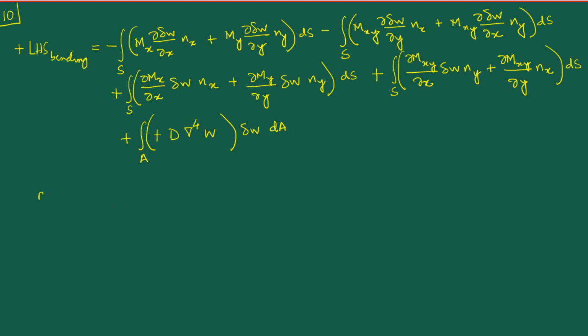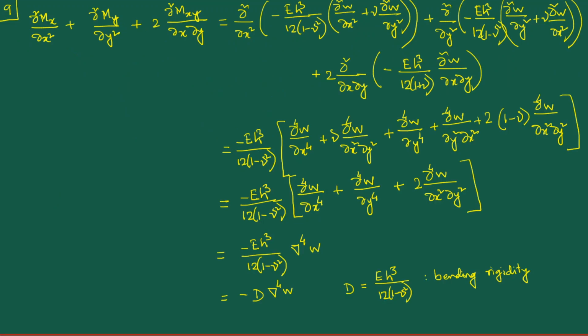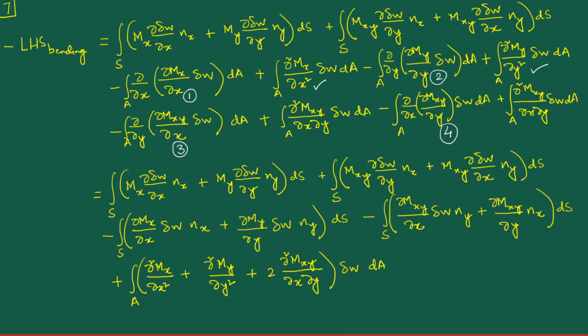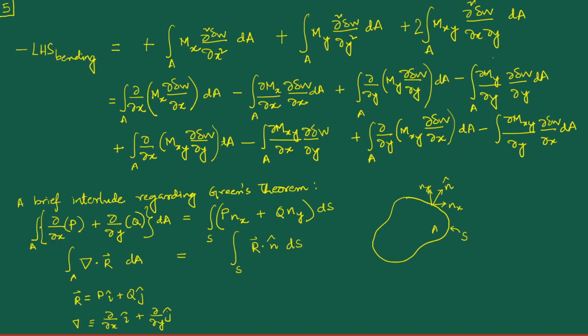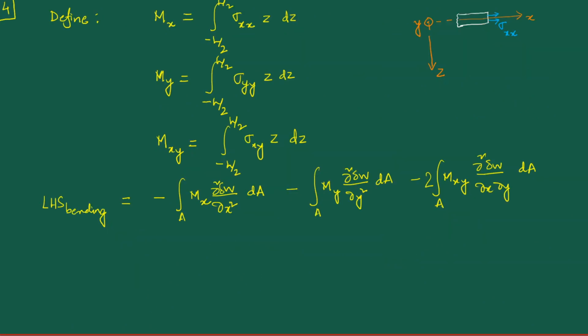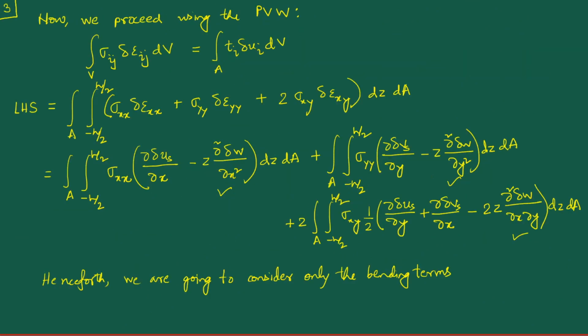Next we are interested in finding out the right hand side, and please note that this right hand side is the right hand side of our virtual work equation. Okay, so back when we started our derivations, we had started from this side and we had just started off with this left hand side.